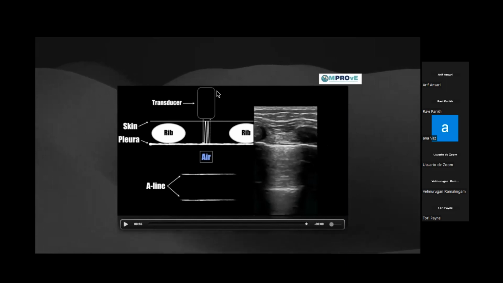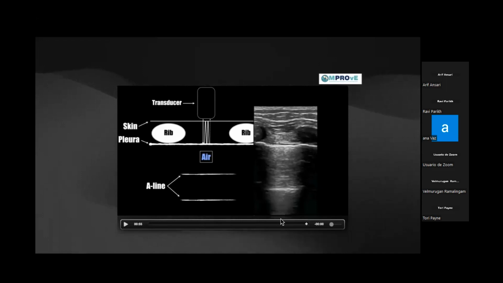The scanner thinks it is reflecting another pleura at twice the amount of time, so it will give you another A line. So that is the way the A lines are formed on the ultrasound scanner: pleural line, reflection of the wave, A line, reflection further, twice the time, another A line.